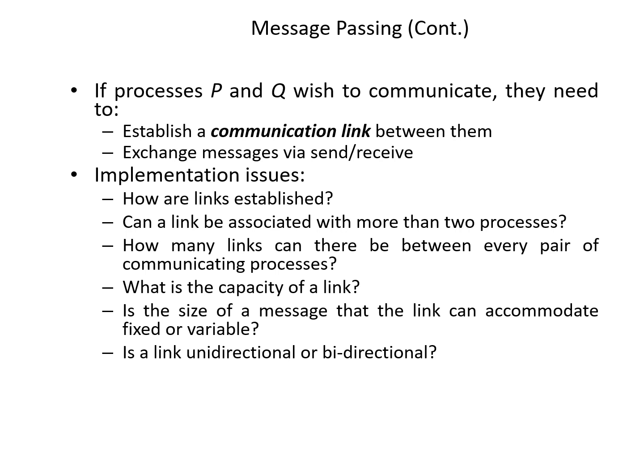There should be information on whether a link can exist between every pair of processes, and whether there are any limitations on the number of links associated with each process. The size of the message that can be passed over the link should be mentioned, as well as whether the link is bidirectional or unidirectional.